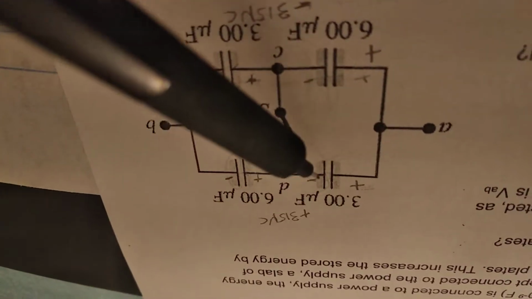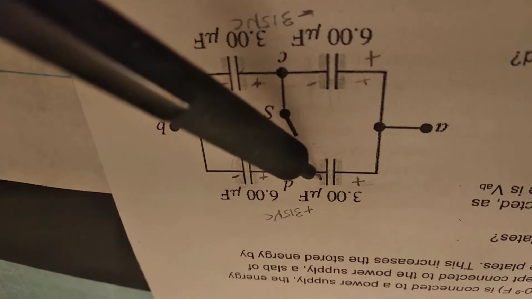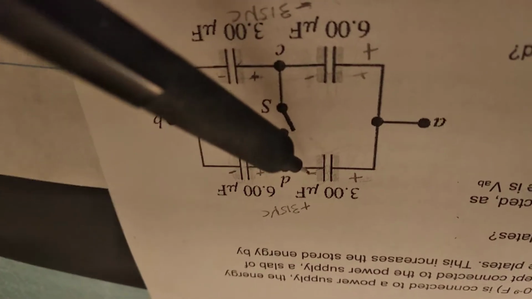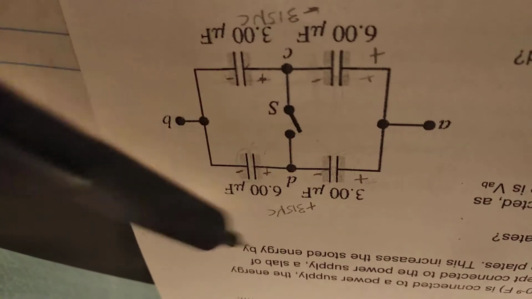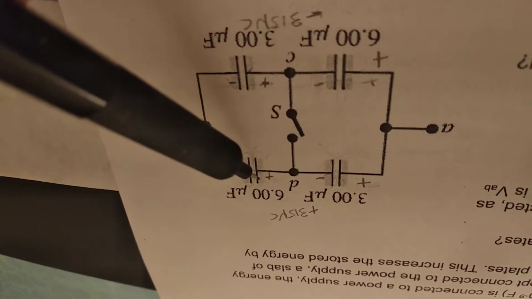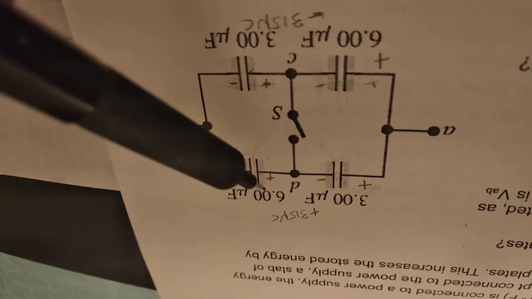Well, this plate here has 105 times 3 microfarads worth of charge, negative 3 times 105 microfarads worth of charge, and this has 6 times 105 microfarads worth of charge.